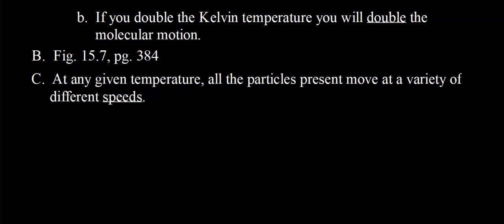Doubling the temperature, say from 100 Kelvin to 200 Kelvin, doubles the kinetic energy of the particles. Doubling from 200 to 400, though 400 is not shown there, also doubles the kinetic energy. Only doubling the Kelvin temperature doubles the kinetic energy.